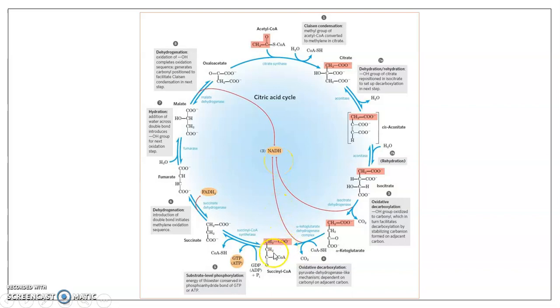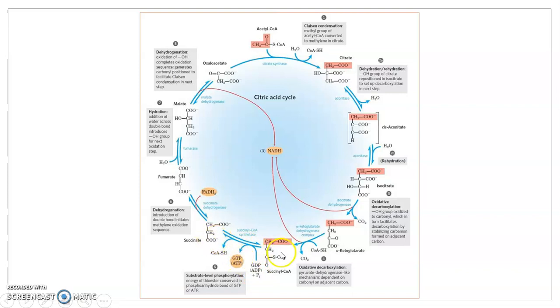Now what happens in the next step? Succinyl-CoA to succinic acid. Succinyl-CoA is a highly unstable but energy rich compound, and at this particular stage, succinyl-CoA to succinic acid, it is a substrate level phosphorylation step. It is not ATP dependent, but GTP is the molecule which is being produced. Succinyl-CoA reacts with GDP and inorganic phosphate to produce GTP and succinic acid.